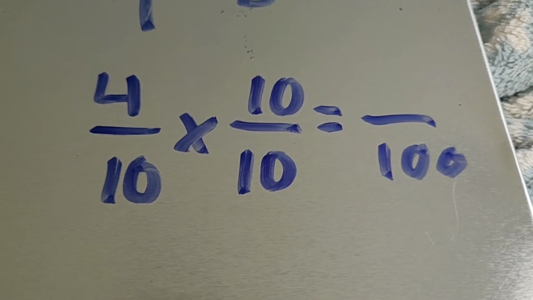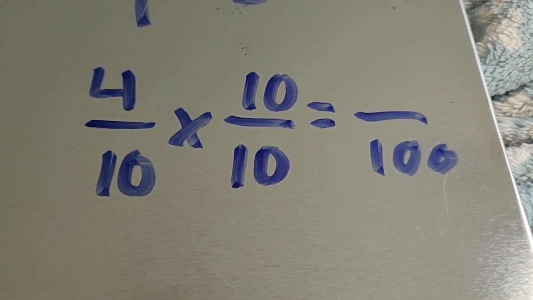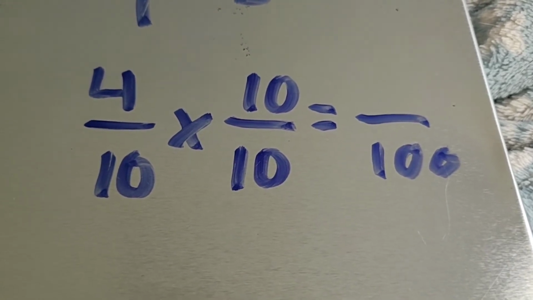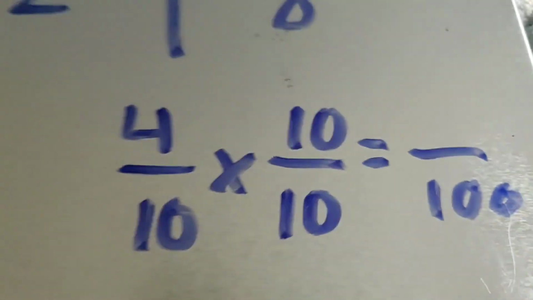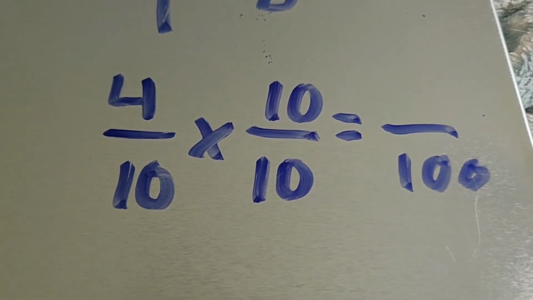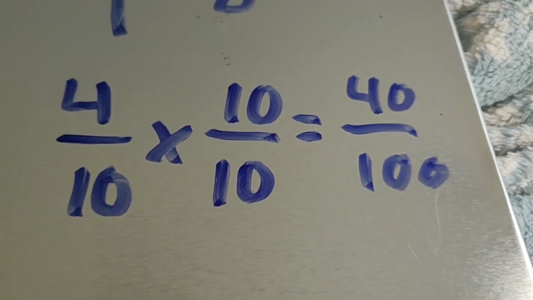So to express 4/10 as a fraction with a denominator of 100, remember, in order to find an equivalent fraction, you need to multiply the numerator and denominator by the same number. So we're going to multiply 4/10 times 10/10, and we're going to get how many hundredths? 40 hundredths.